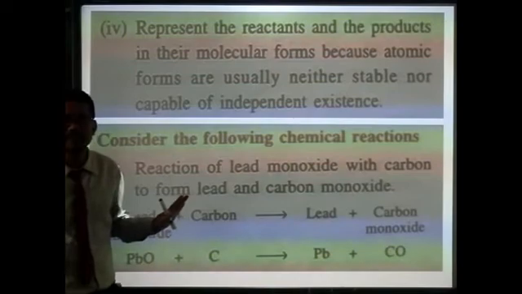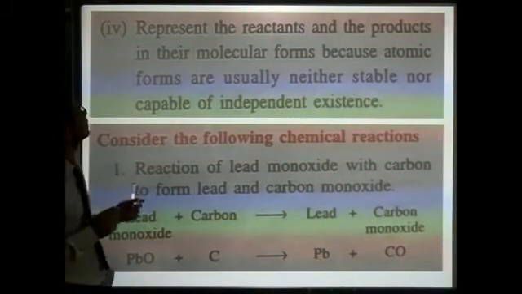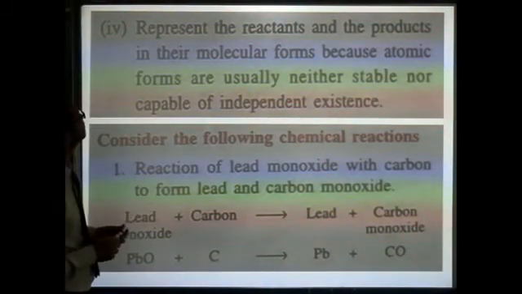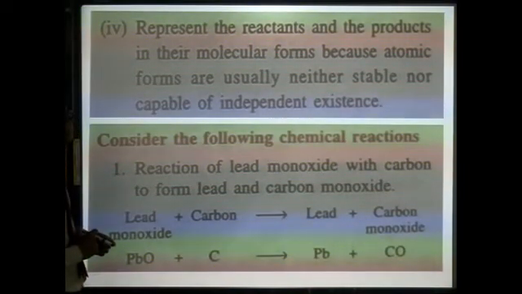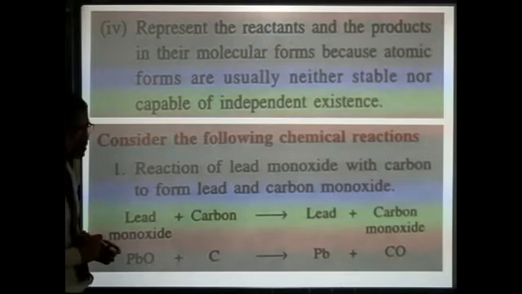Step number 3 clear. Then step number 4, represent the reactants and the products in their molecular forms, because atomic forms are usually neither stable nor capable of independent existence.